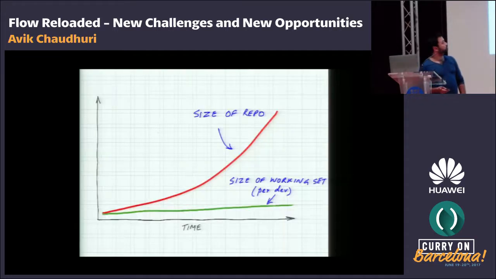However, the big problem is this. Even though all of this works at the rate of the number of files that you have in your code base, that number is increasing exponentially.